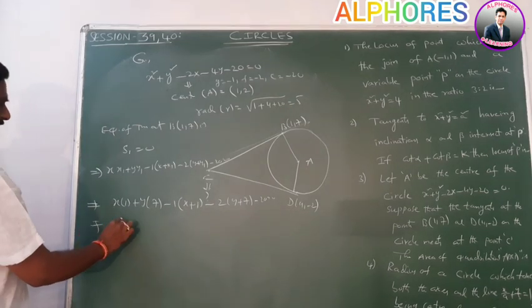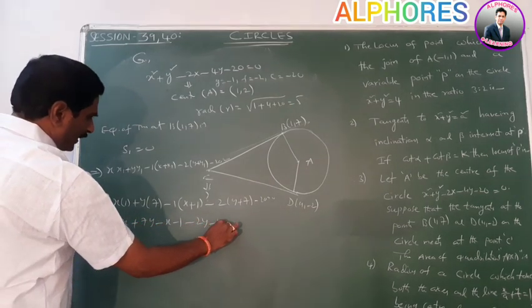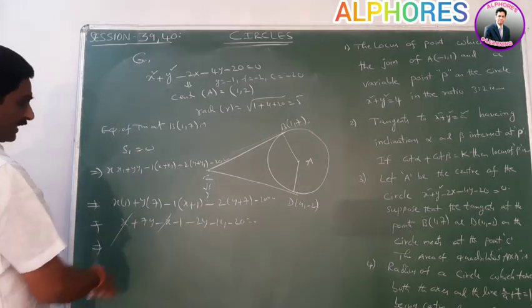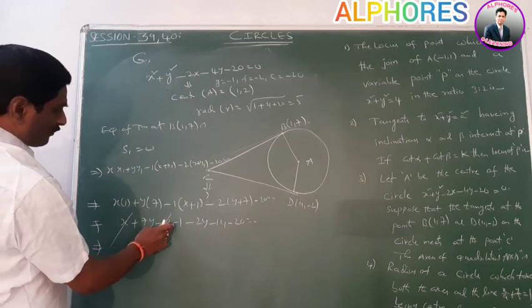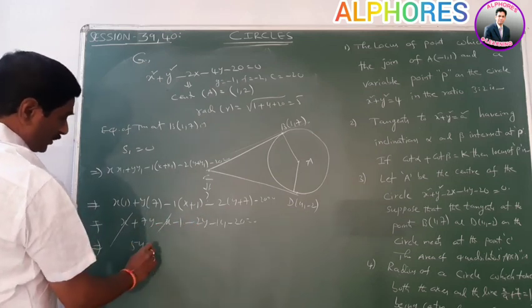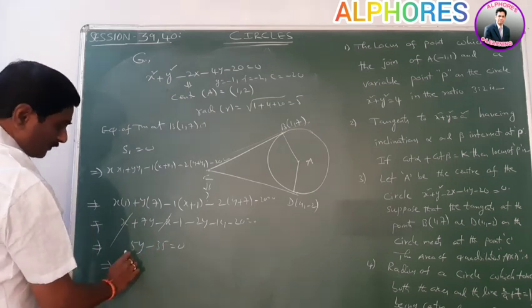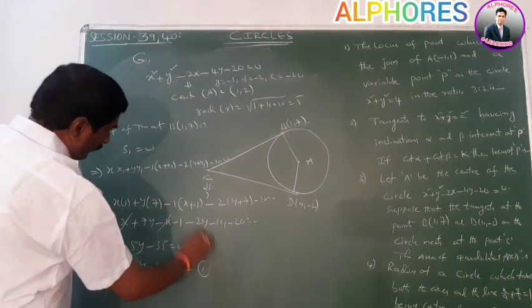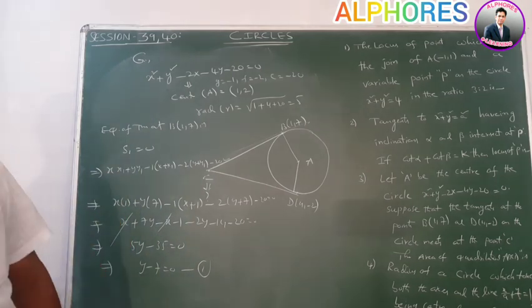That means x plus 7y minus x minus 1 minus 2y minus 14 minus 20 is equal to 0. The x cancels. 7y minus 2y means 5y, minus 1 minus 14 minus 20 is minus 35, equal to 0. That means 5 is the common term: y minus 7 is equal to 0. It is equation number 1. The equation of the tangent BC is y minus 7 is equal to 0.